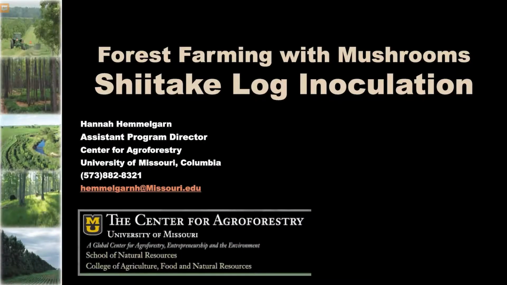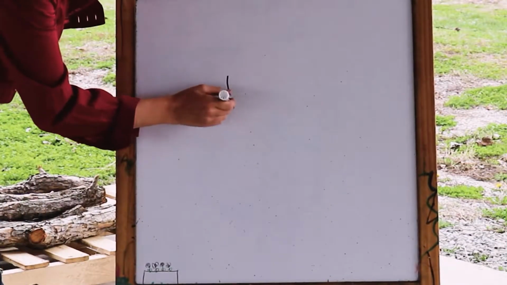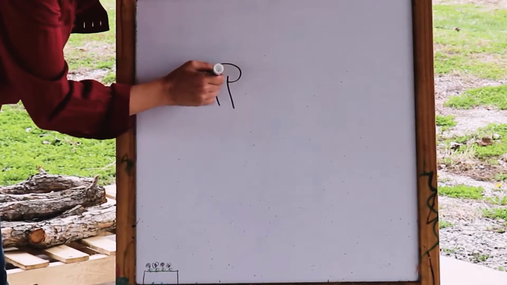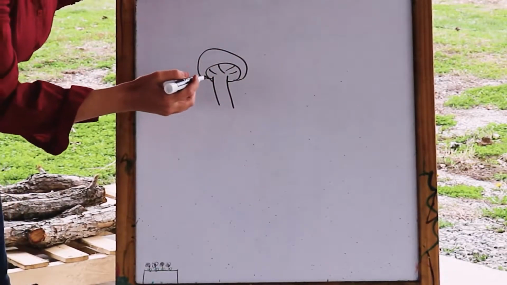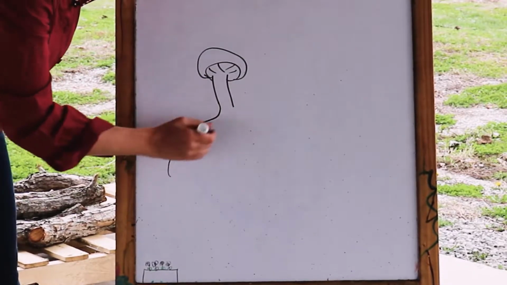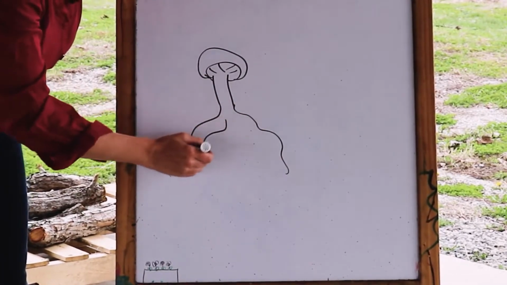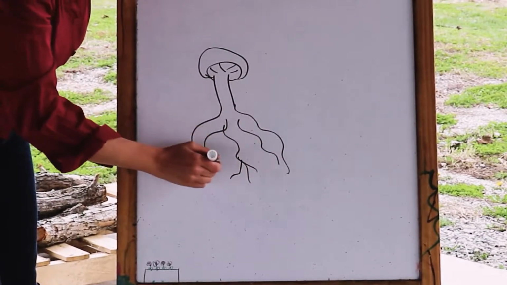Before we get started, I want to just share a little bit about the life cycle of a mushroom. What we know as a mushroom, this is a gilled mushroom that you might see growing in the woods, is actually just the fruiting body of a much larger vegetative mass of what's called mycelium.